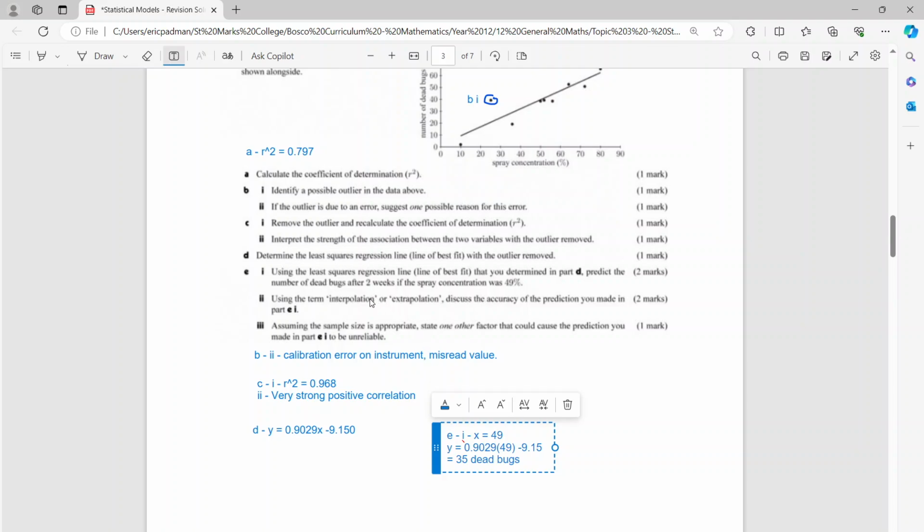49% predict the number of the. Okay, so another reliable question. They call it accurate.